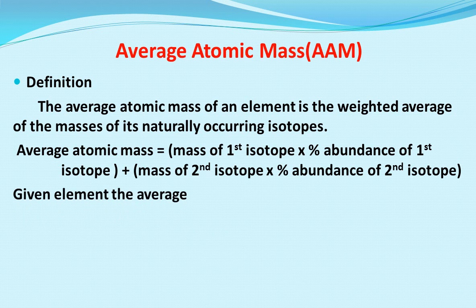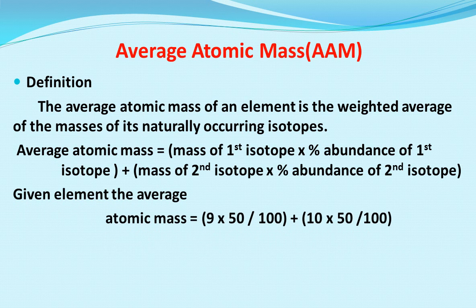How can you calculate the average atomic mass? Here, the first isotope is 9, multiplied by its percentage abundance, 50, divided by 100. Like that you have to calculate, and finally you get 9.5.